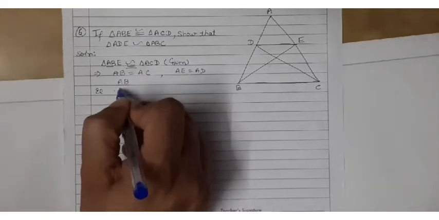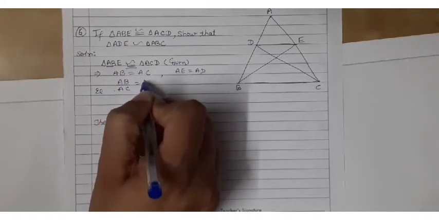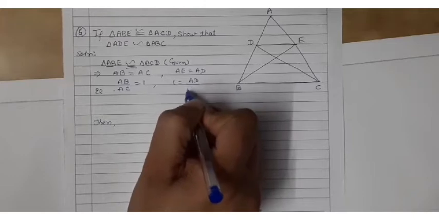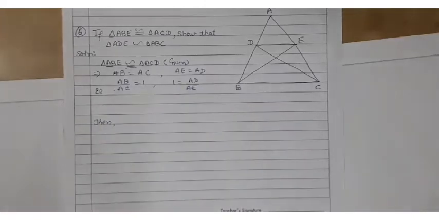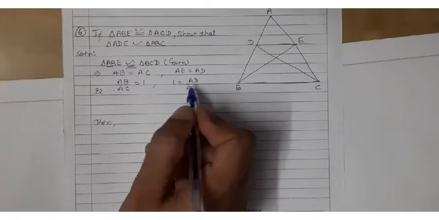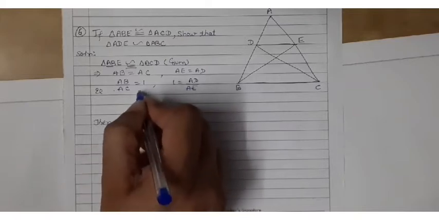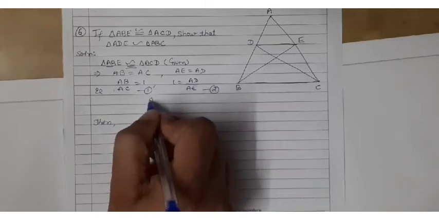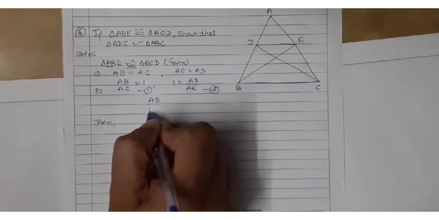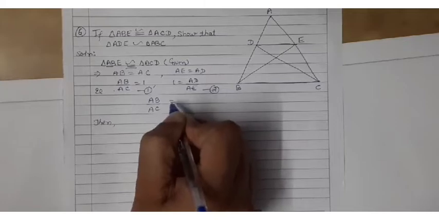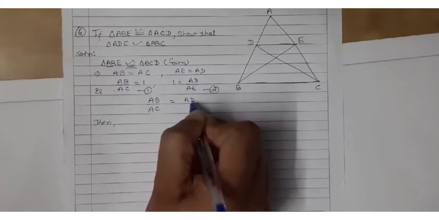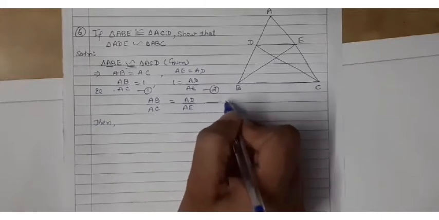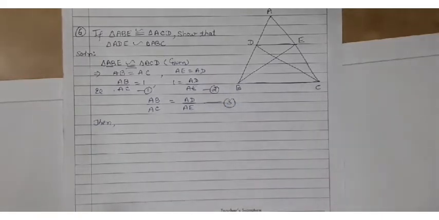AB upon AC, this will be 1, and AD upon AE, this will be 1. This is equation number 1, this is equation number 2. By these two we can say AB upon AC will be equal to AD upon AE. Now this is your equation number 3.